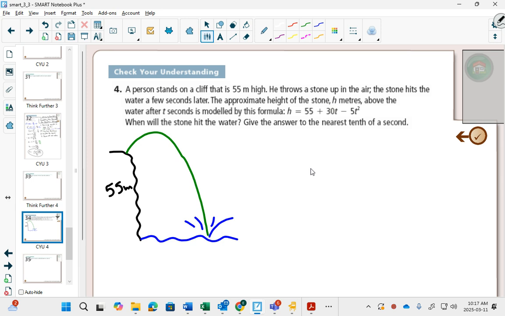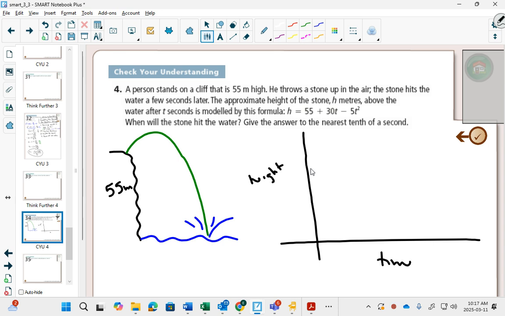So if height is our dependent variable, we would have some sort of graph where height was here and time was here. Does it make sense that at time 0 in this equation, if I put in 0 for time, I get 55 for height? So we're starting at 55.